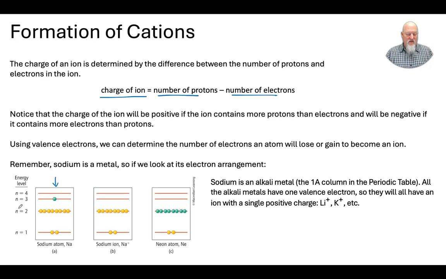And if we look at sodium and its electron arrangement, we can see that sodium, which is an alkali metal in the first column, has 1 valence electron, sitting in that n equals 3 shell, or n equals 3 level.